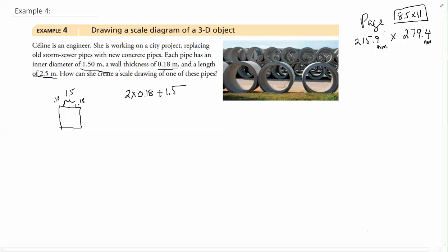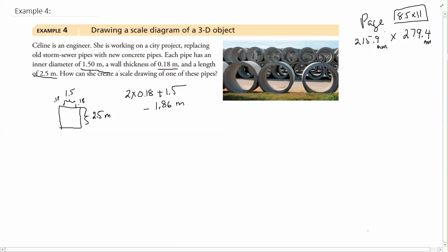So let's just determine that. 0.18 times 2 plus 1.5. And that gives us a total width of 1.86 meters, and our length is 2.5 meters long.